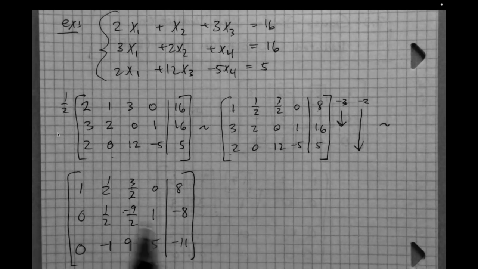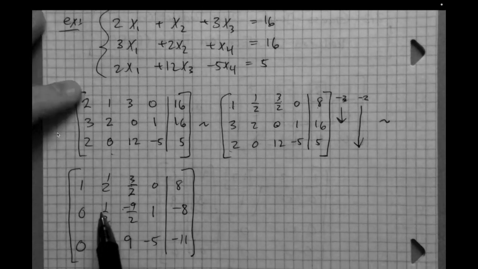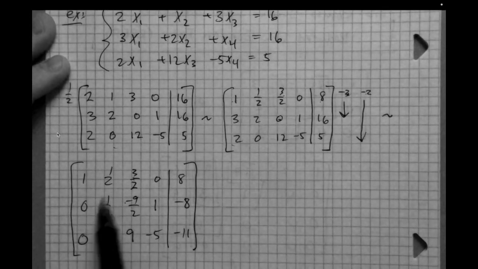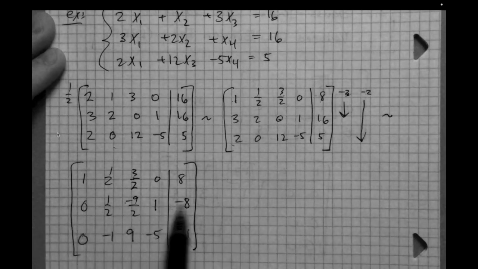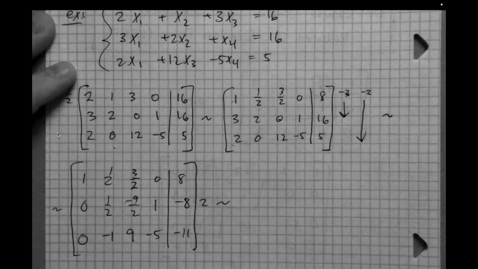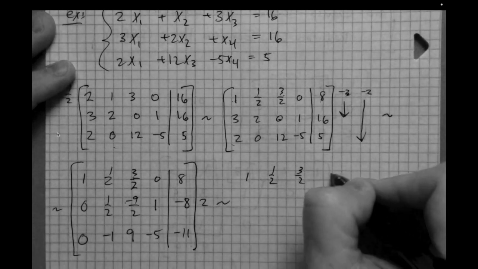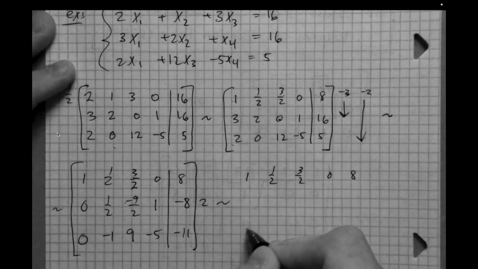Okay, and now we can get a pivot in our 2, 2 spot, right? We can see that this could easily be converted to a 1. So we're going to multiply row 2 through by 2. Okay, so again, row 1 is unchanged, and row 3 is unchanged.